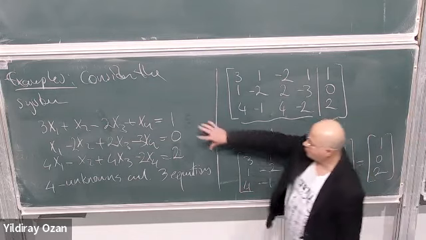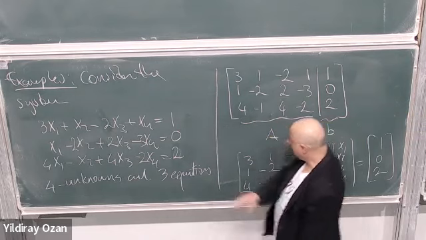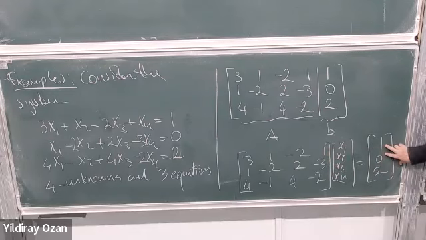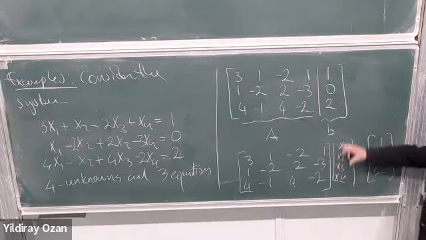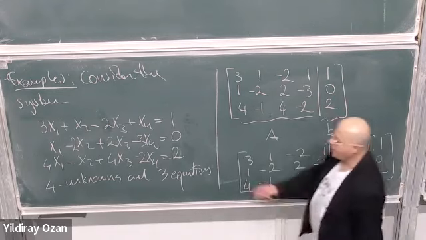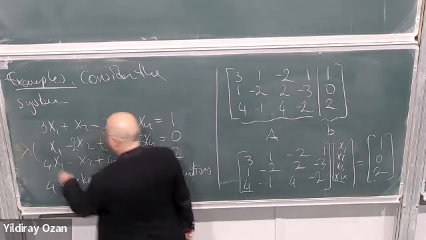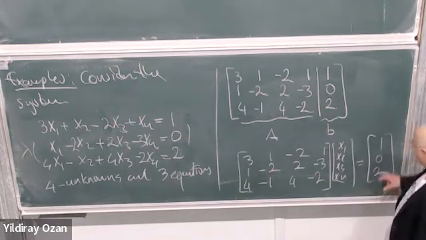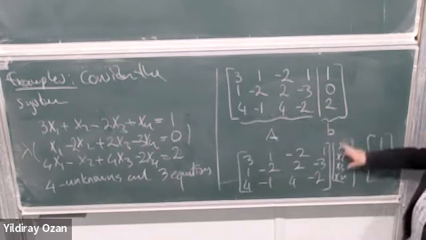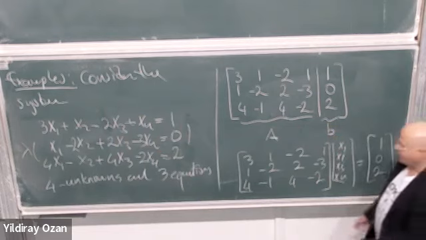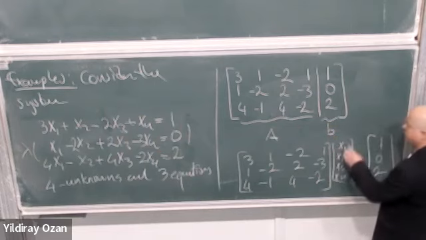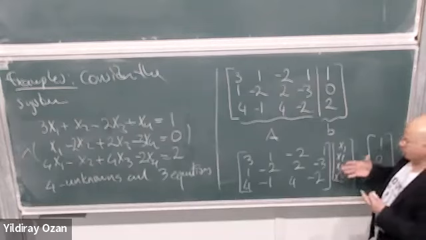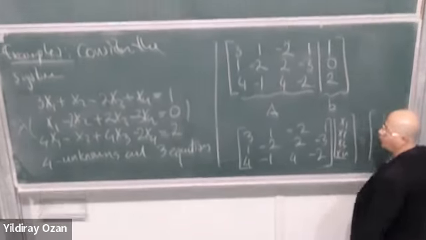So if you interchange 2 equations, that corresponds to interchanging 2 rows here and 2 rows here, but this column doesn't change. Or if you multiply an equation by a number lambda, this line will be multiplied with lambda, but again the variables don't change. That's why we just remove them from the picture. You don't have to write the same thing over and over.